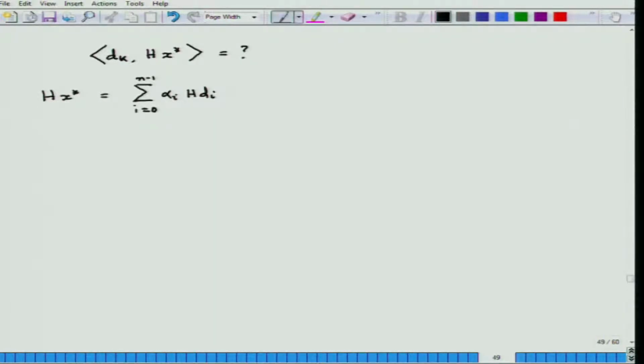I am just following the methodology of this book. I am trying to maintain their symbols, so that if you read this book, you will not get into much trouble. Now, once you do this, I would have dk h x star would be summation alpha i dk h di.